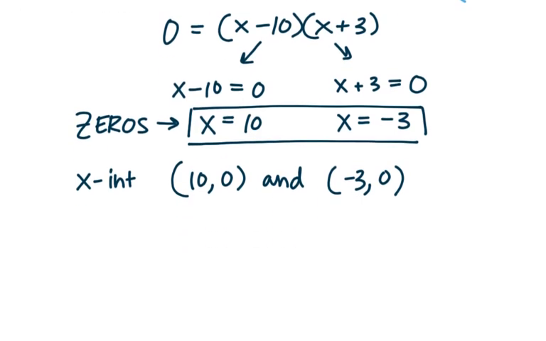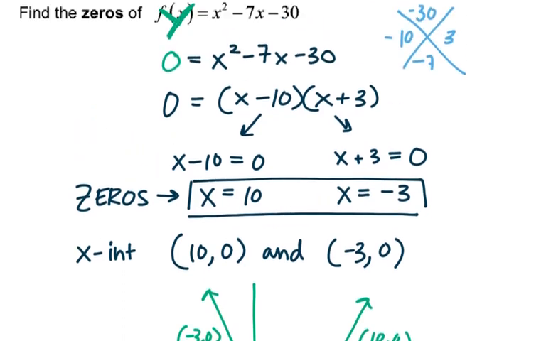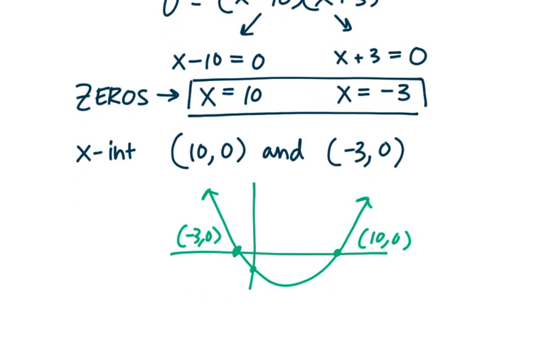And if I were to graph this in my graphing calculator, I would get a parabola opening up with an x-intercept at negative 3, 0, as well as an x-intercept at 10, 0. We would also notice that we'd have a y-intercept, and this is clearly not drawn to scale, at 0, negative 30.